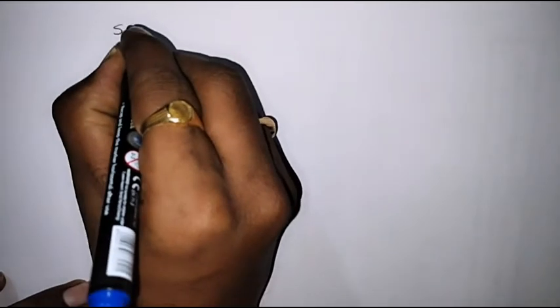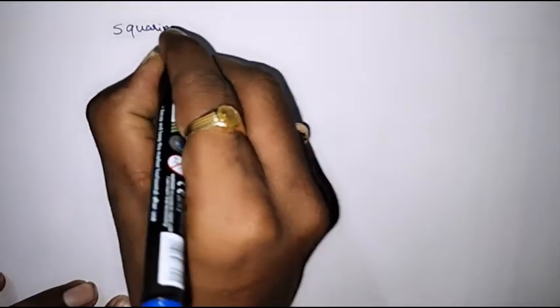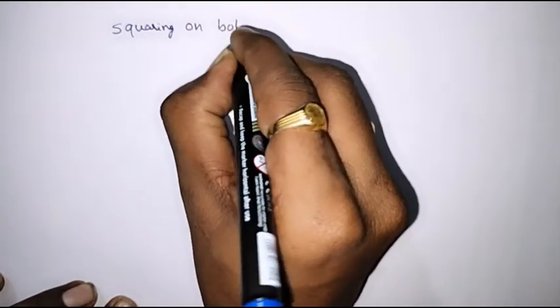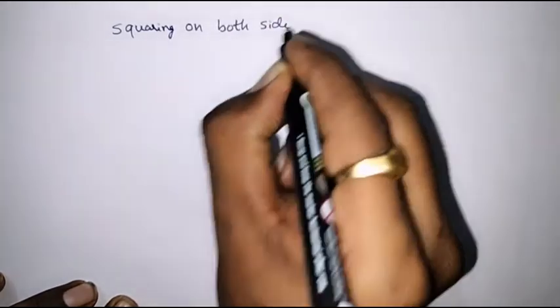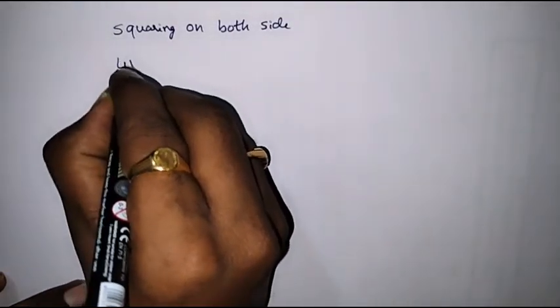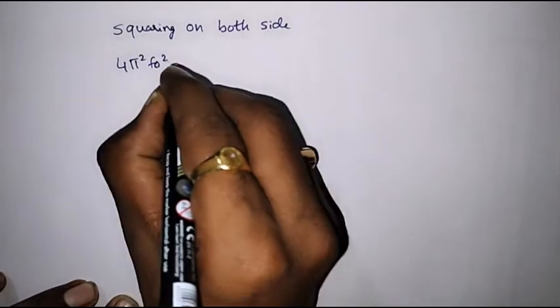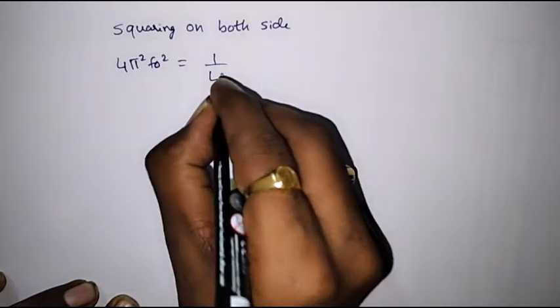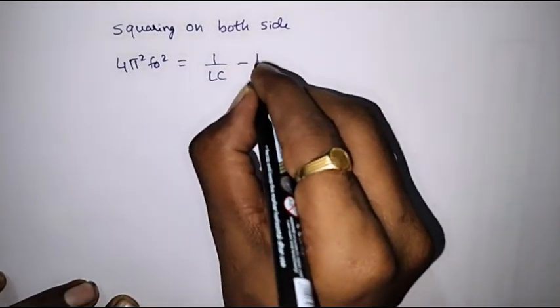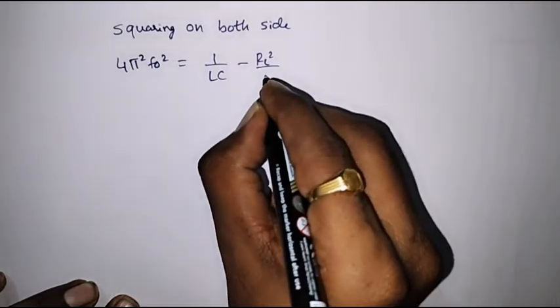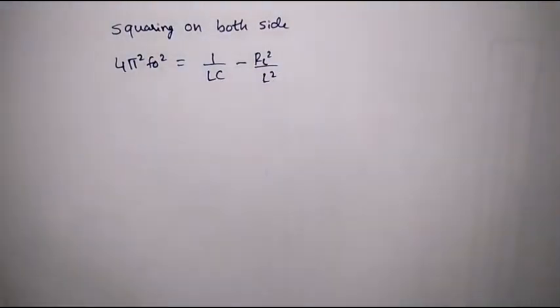Now squaring on both sides, we get 4 pi square F0 square is equal to 1 over LC minus RL square by L square.